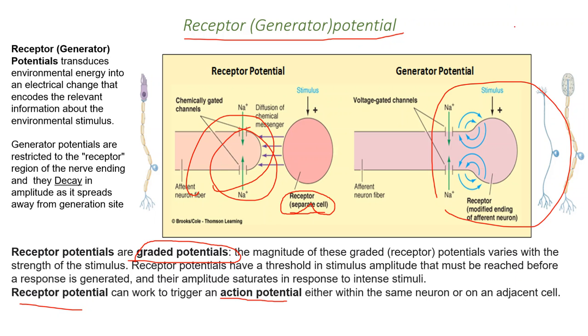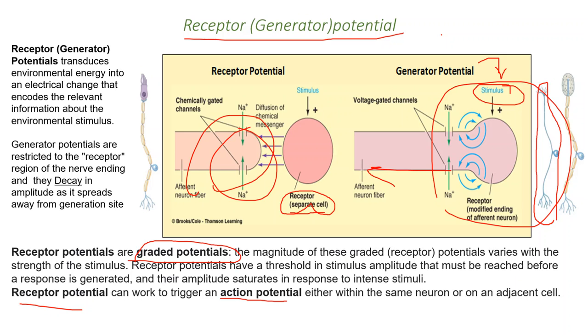Whereas the simple and complex receptors that we talked about are the very cells that take up the stimulus. So in these cells, the generator potential, which is the receptor potential, will elicit an action potential in the same cell.